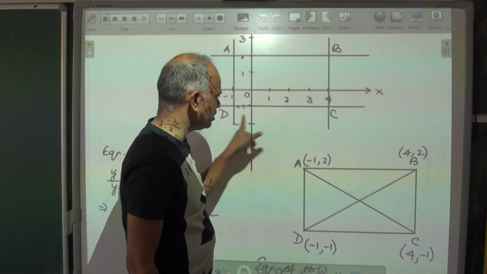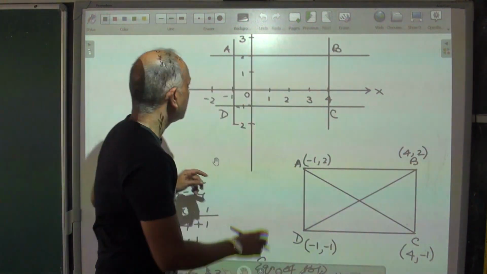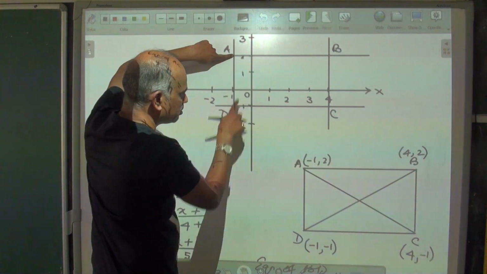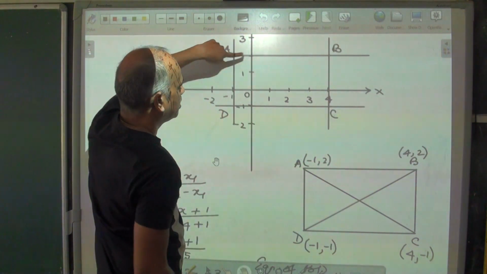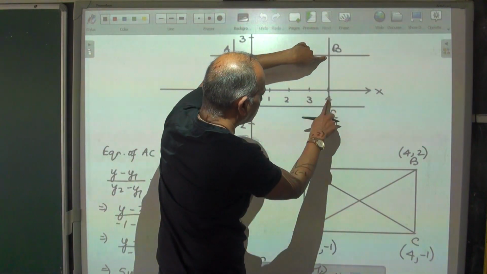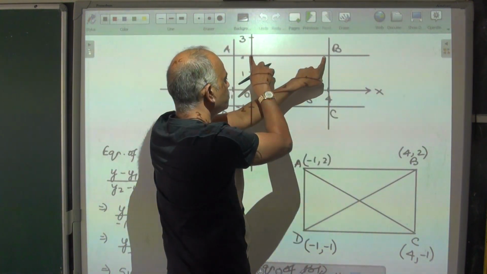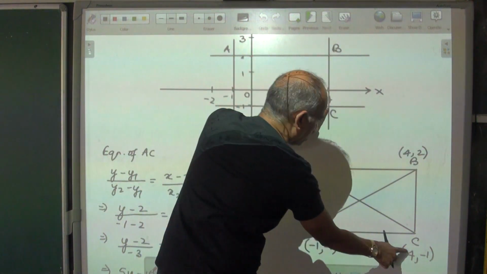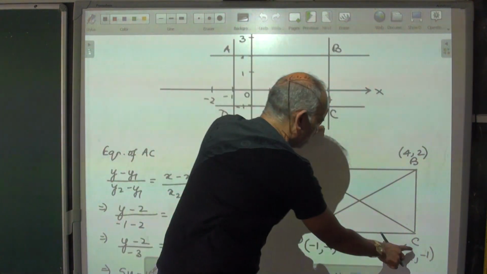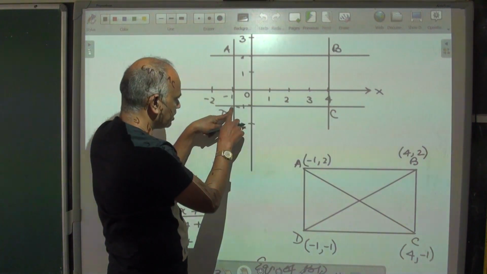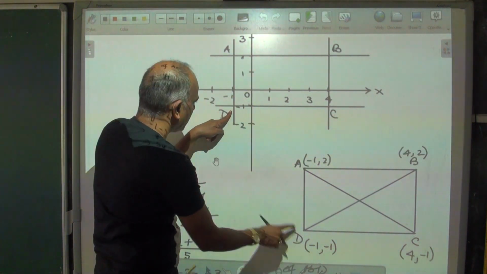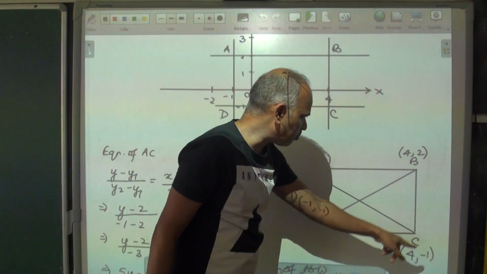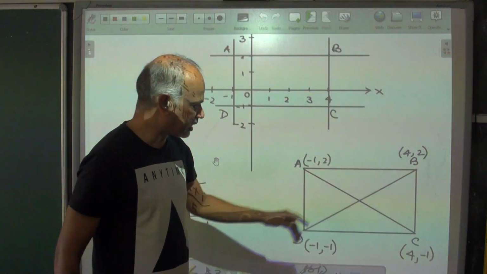A's coordinates, x value is minus 1, y value is 2. B's coordinates, x value is 4, y value is 2. C's coordinates are x value is 4, y value is minus 1. And D's coordinates are x value is minus 1 and y value is also minus 1. So we got all 4 points' coordinates and it's a rectangle.